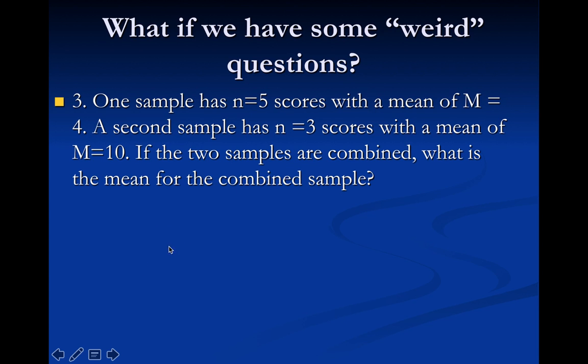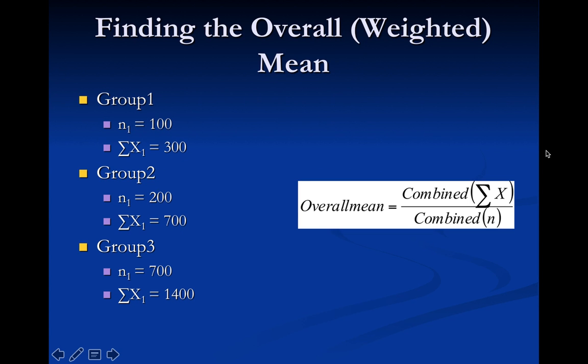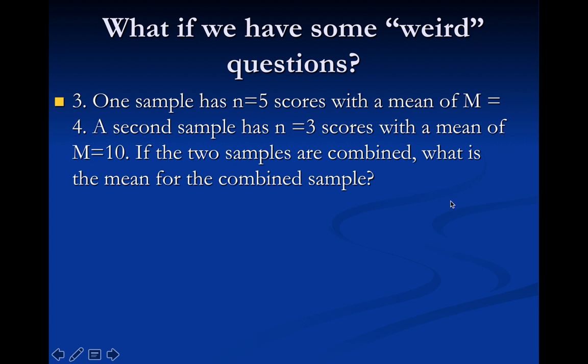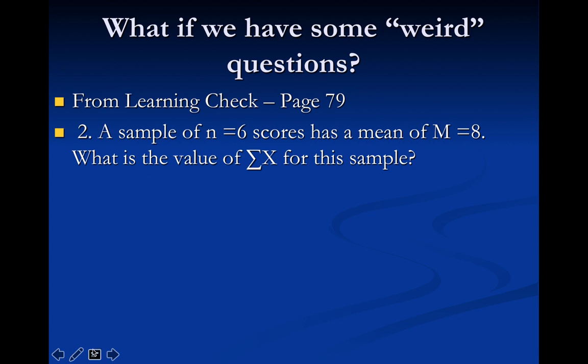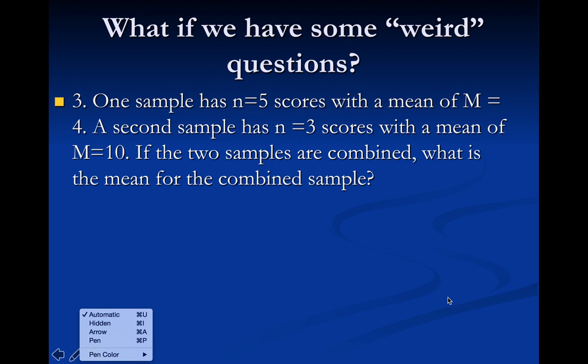So again, if you remember the formula that I gave you, that is the combined sum of x divided by the combined n. Here you have to use the exact same formula that we used in that previous example, for our weighted mean.